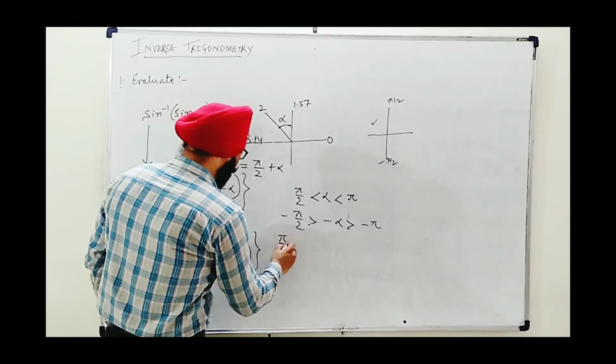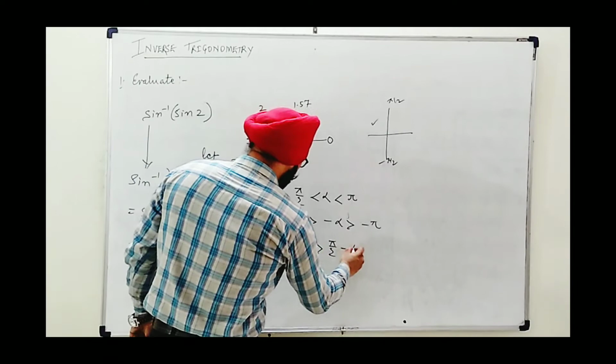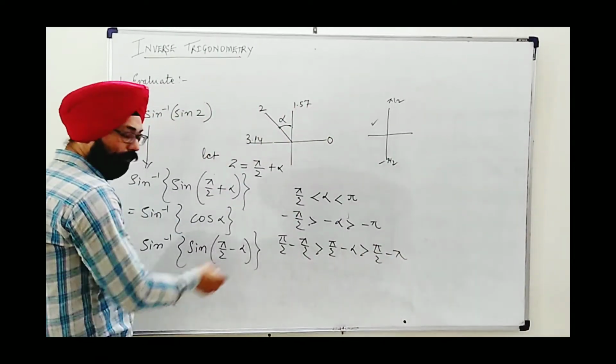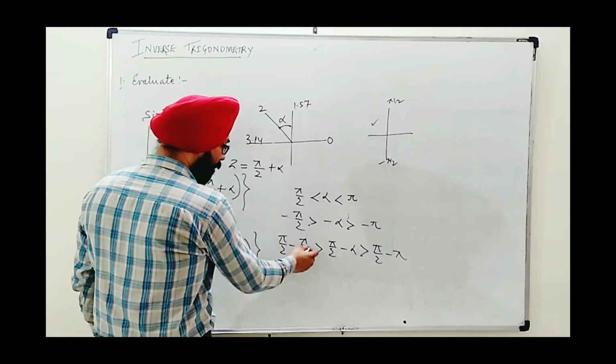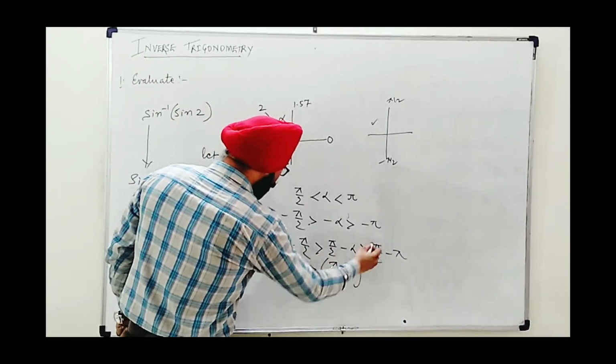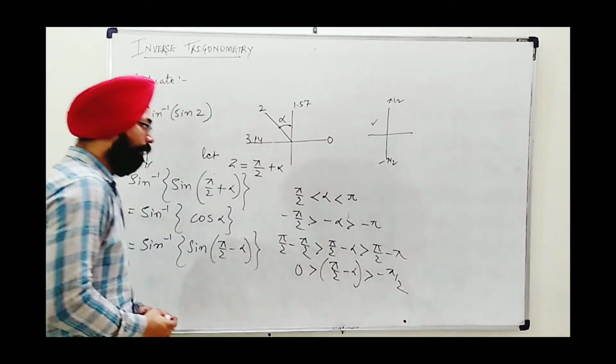So this will become pi by 2 minus pi by 2 is greater than pi by 2 minus alpha is greater than pi by 2 minus pi. As soon as I do this, I see that pi by 2 minus pi by 2 is 0, which is greater than pi by 2 minus alpha, which is greater than this difference, equal to minus pi by 2.